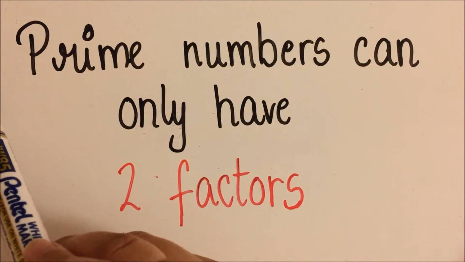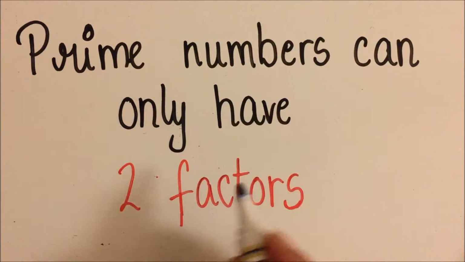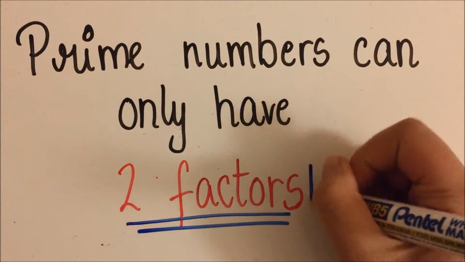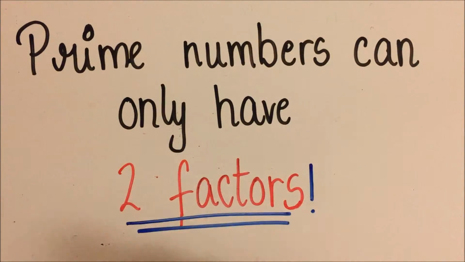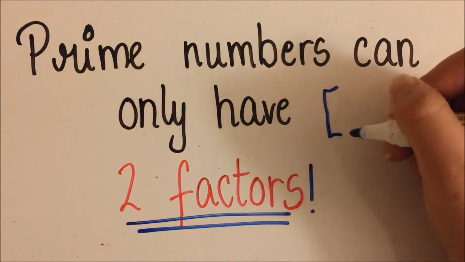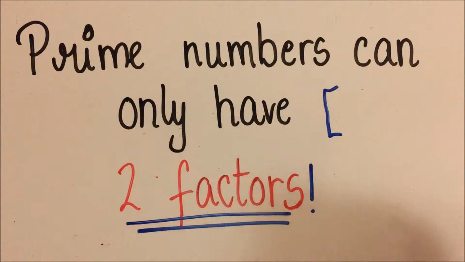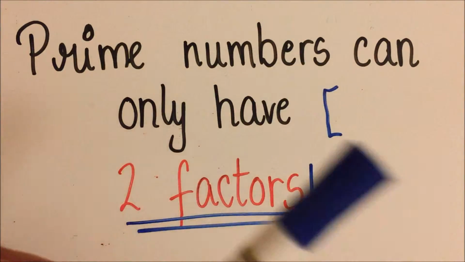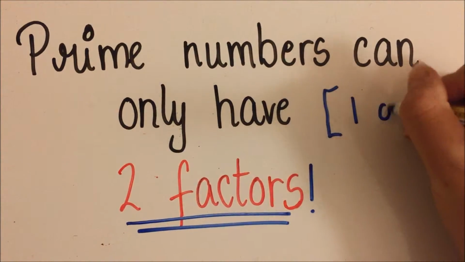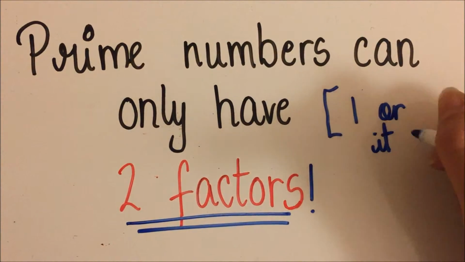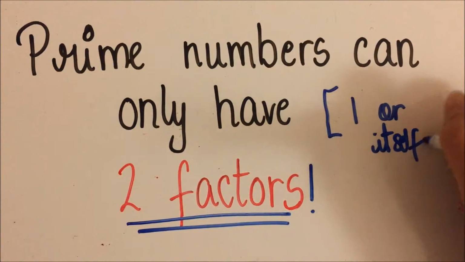What it really means is that prime numbers can only have 2 factors, and the reason I say 2 factors is because in the definition before it said that a number is a prime if it's only divisible, which means it can only be divided by 1 or itself.